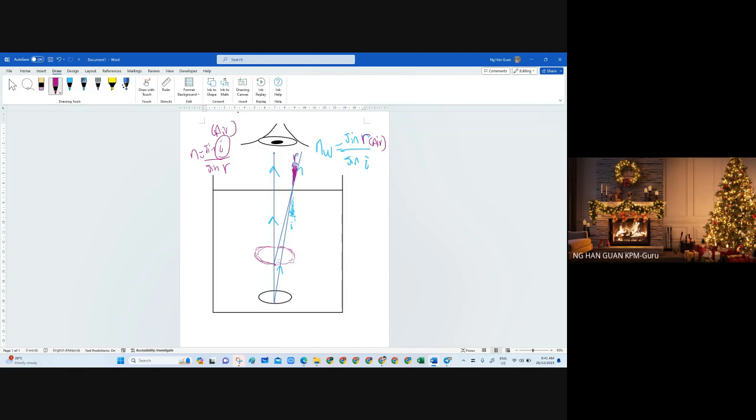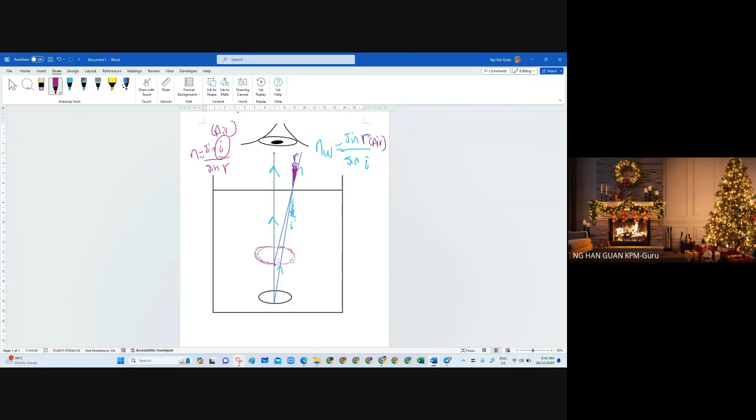So it means the light is travelling from optically less dense into optically denser. But in a case like this, the image is formed when the light travels from optically denser into optically less dense. So we don't really follow the symbols. We apply the concept.